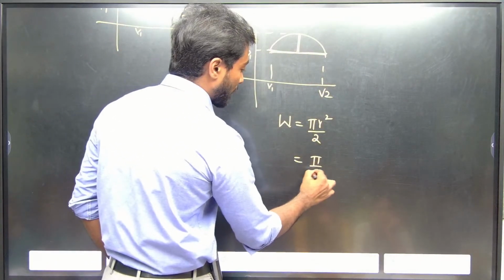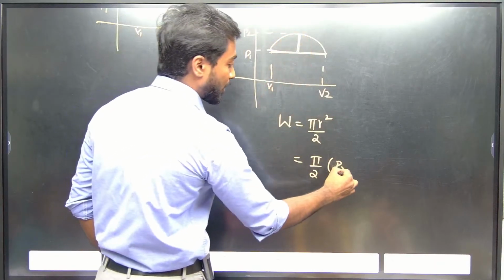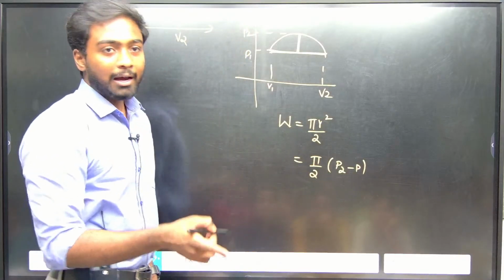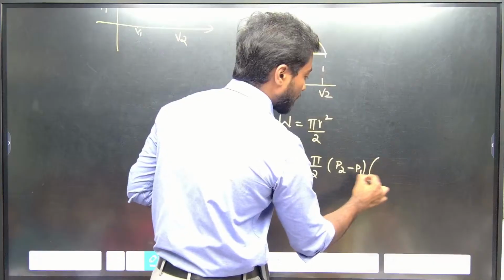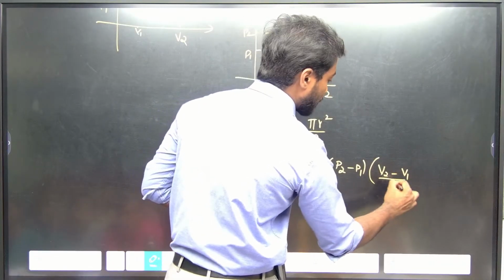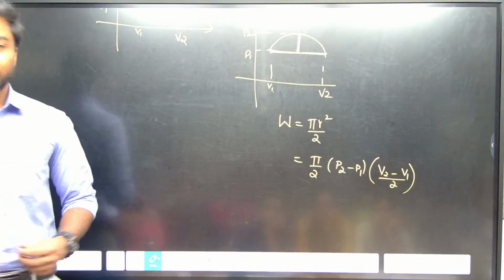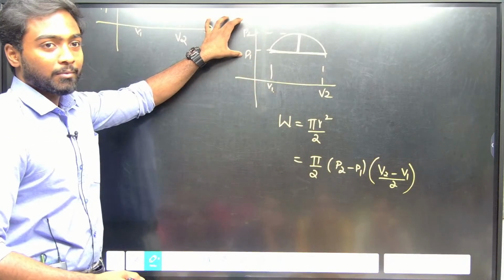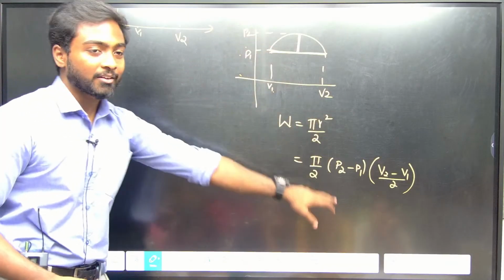So pi by 2 I will keep as it is. One radius P1, P2, so P2 minus P1. Other radius V2 minus V1, so V2 minus V1. That's it. Getting? This is already a radius only. If it is a circle, divide by 2. If it is a radius, only the radius I need to consider.